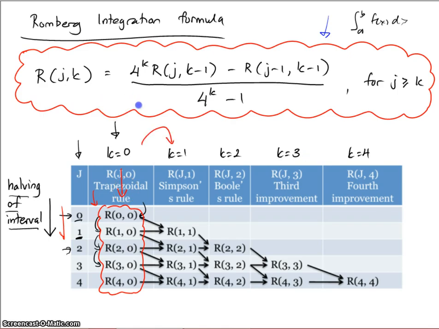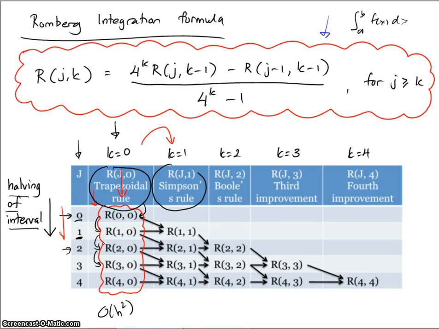If you move on to this column, this is known as the Simpson's one-third rule. But take note, the values that you see here are not calculated using the formula of Simpson's one-third. Instead, what Simpson's rule here suggests is the accuracy. Before that, because we are doing trapezoidal rule here, the accuracy of this column is of order h squared.